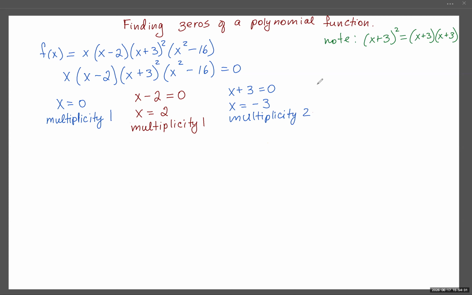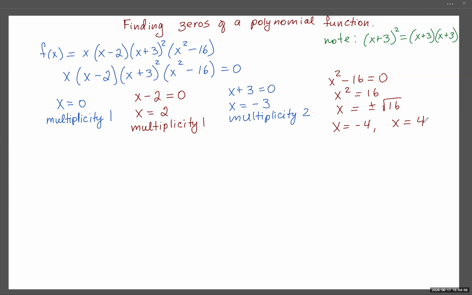And then the last one we have, x^2 - 16 = 0. So x^2 = 16, and x = plus or minus the square root of 16. Now, plus or minus means you'll have two different answers. x = -4, x = 4.